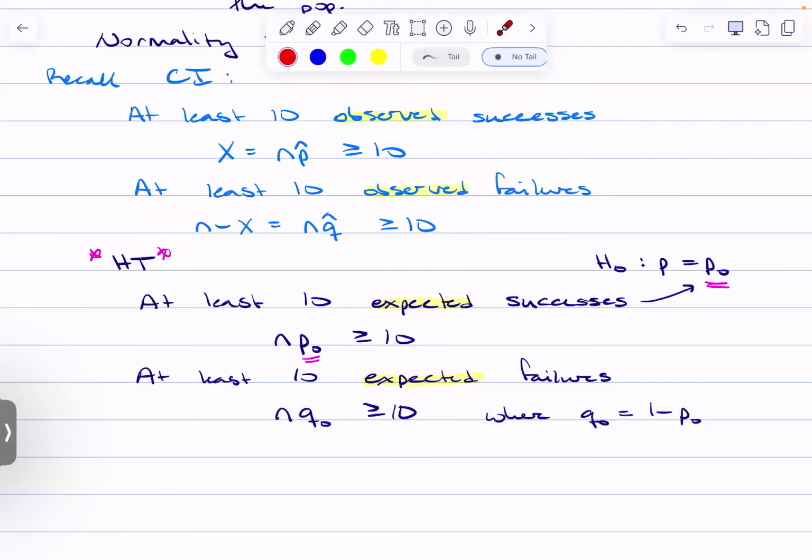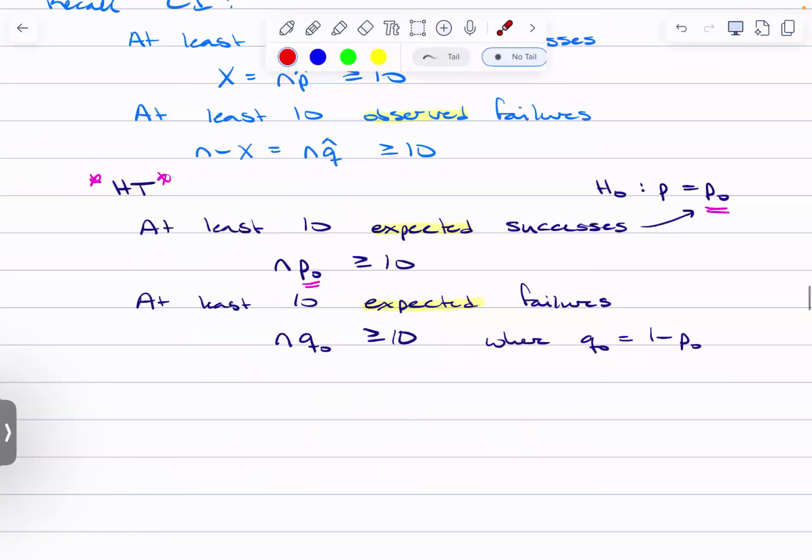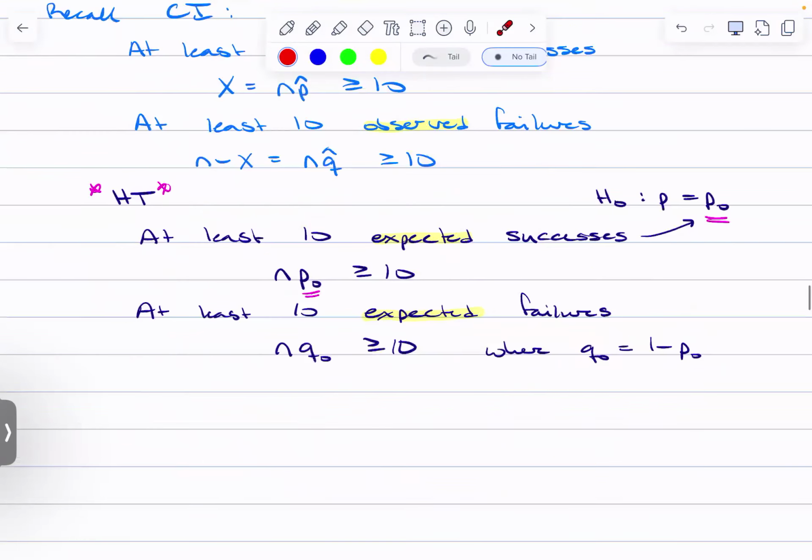If you read a question and you see that you have to do a confidence interval and a hypothesis test, well, guess what? Then you need to check all of them. Again, they're all going to pass, they're all going to be satisfied, but we have to know how to check the conditions.